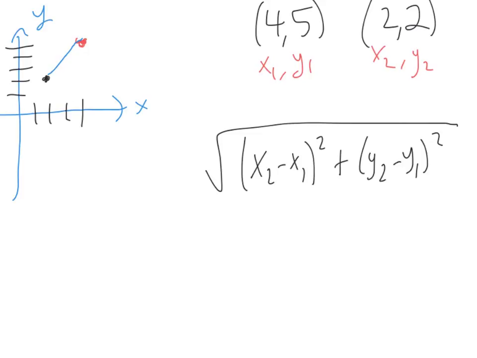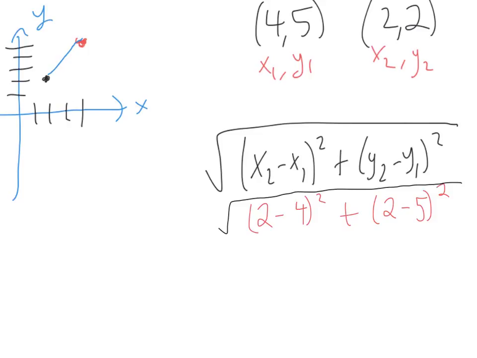So let's go ahead and do that right now. So I replaced my x2 with 2 minus my x1, which is 4, and that's going to be squared, plus my y2, which was 2, minus my y1, which is 5, squared. And once again, remember that this is all under the square root symbol.